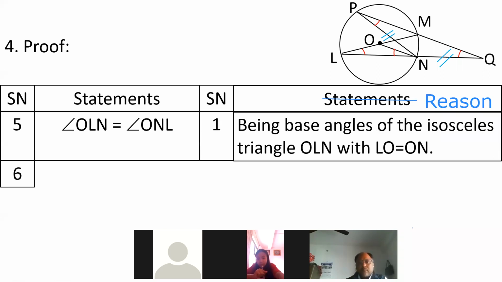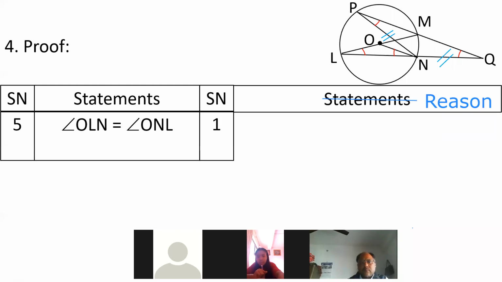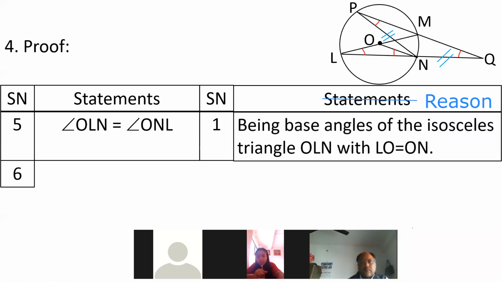So next step, have you seen here? What can we do? This angle equals this angle. We have already shown that angle L equals angle Q in the first step.